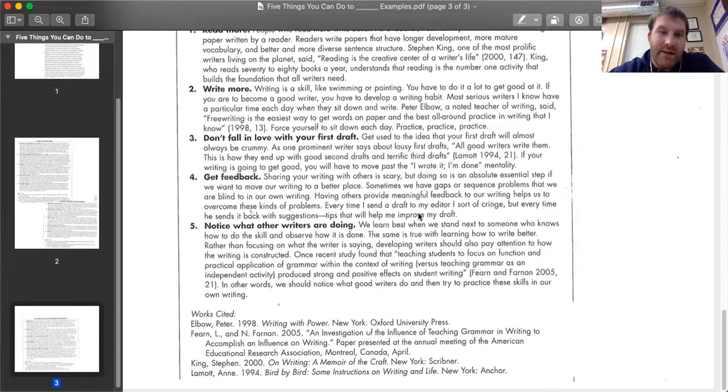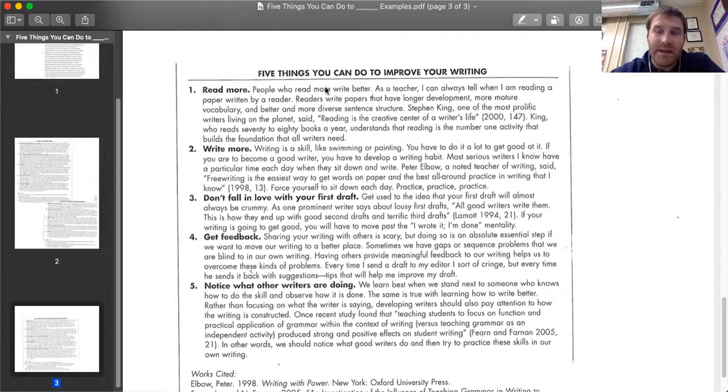One recent study found that teaching students to focus on function and practical application of grammar within the context of writing, versus teaching grammar as an independent activity, produces strong and positive effects on student writing. That was Fearn and Farnan, 2005, page 21. In other words, we should notice what good writers do and then try to practice these skills in our own writing. So that's what you need to do.